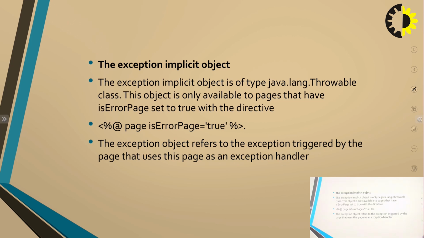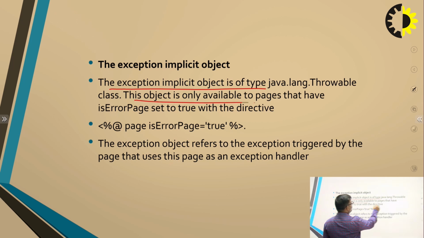Then the exception implicit object. What is an exception? If any error is created during the running of the program, then we call it an exception. Okay. Then the exception implicit object is of type java.lang.Throwable class.